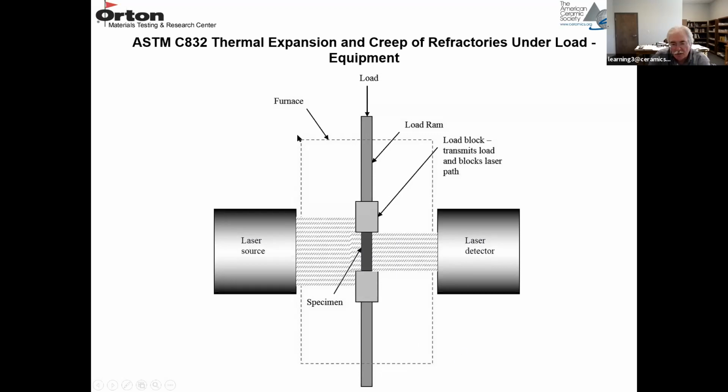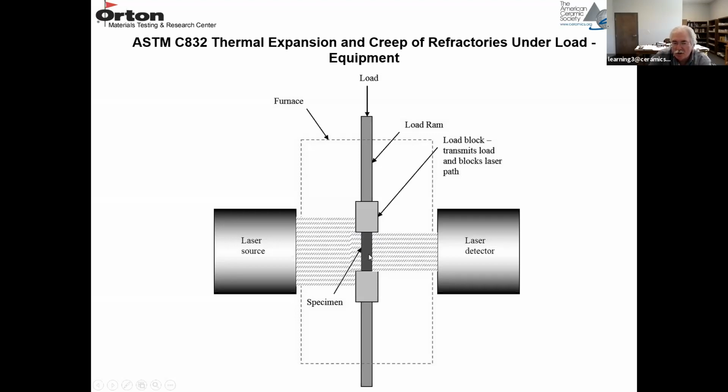So the dotted line would be the furnace. This beam is in the shape of a plane. It's longer than the 4.5 inch length of the sample. And what it does is it cuts off a region over here and over here. So what passes through is actually the length of the sample.